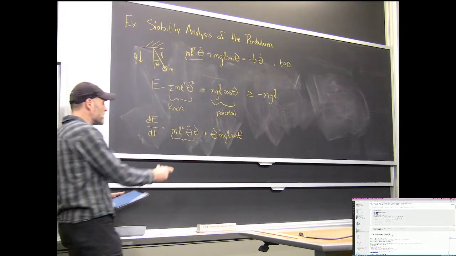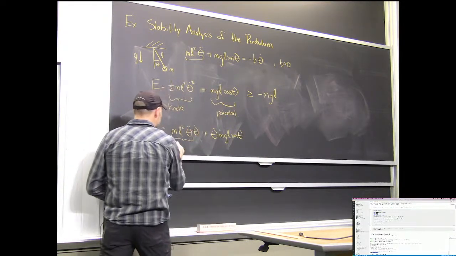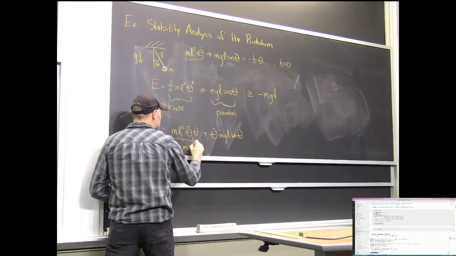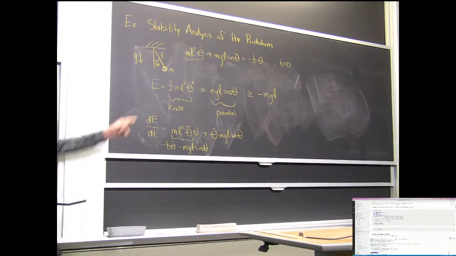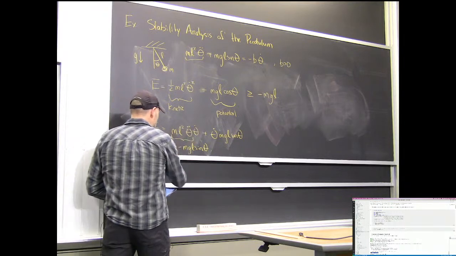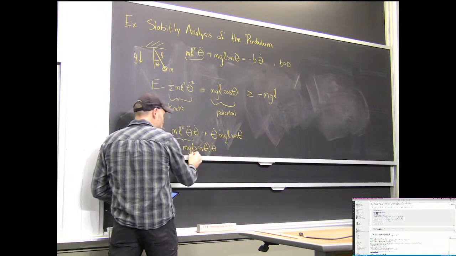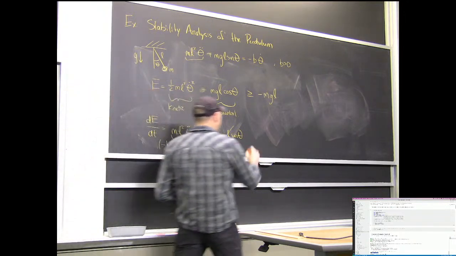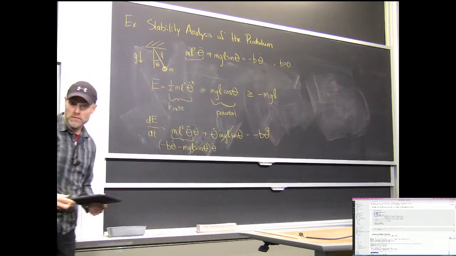So if I want to substitute in the dynamics, this thing has to equal negative b theta dot minus m g l sine theta. That's just substituting in the equations of motion. So that thing gets multiplied by the theta dot. And guess what? This term cancels this term. And the whole thing just comes out to be negative b theta dot squared.